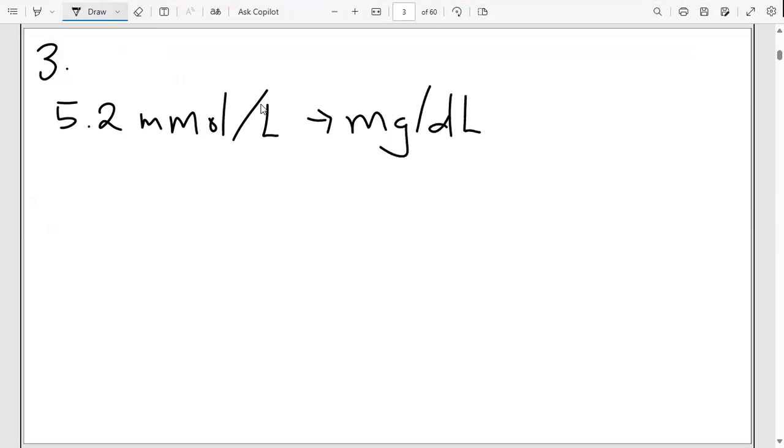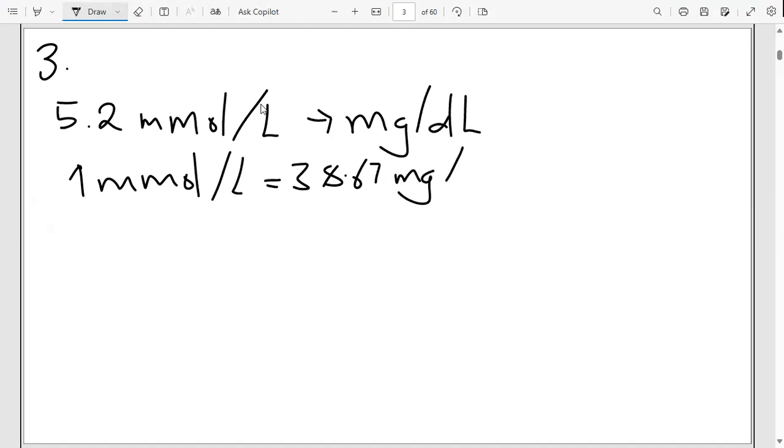Now they've already given us the conversion factor to say 1 millimole per liter is equal to 38.67 milligrams per deciliter. So what are we going to do?